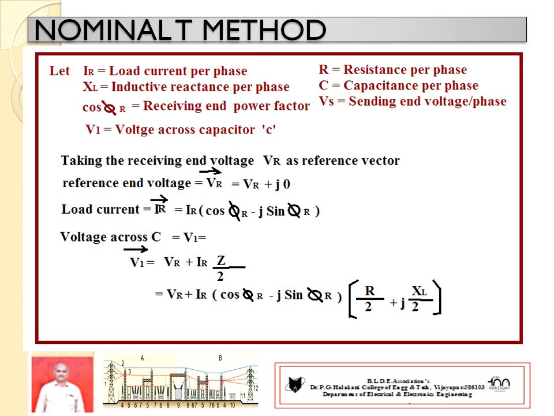Then the voltage V1, starting from the receiving end, you add the drop of 50% impedance, that means IR into Z by 2. This Z by 2 may be replaced by R by 2 plus jXL by 2.